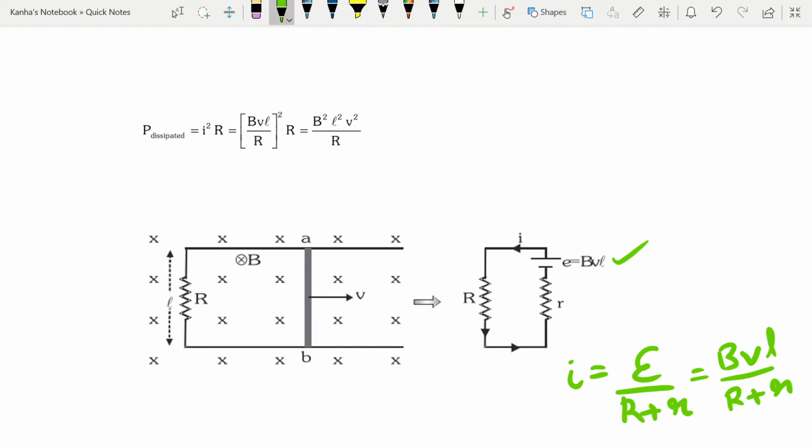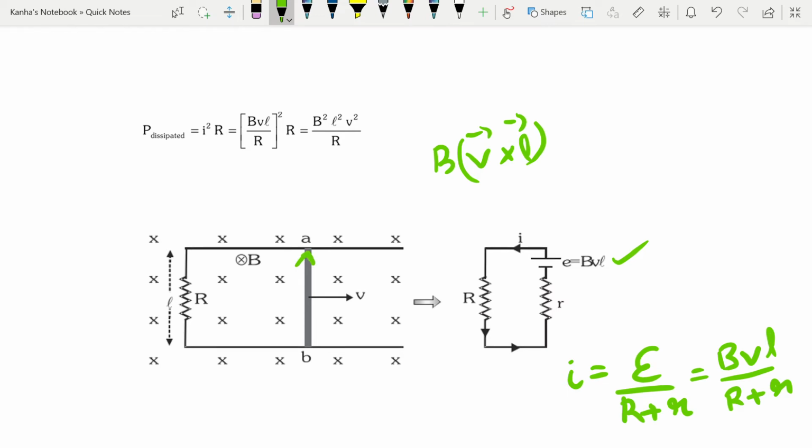If my rod is going to the right side, you have to apply V cross L, so the cross product of these will give me the direction of the force. If my V is to the right and the field is going into the paper, then the force on a positive charge will be like this.